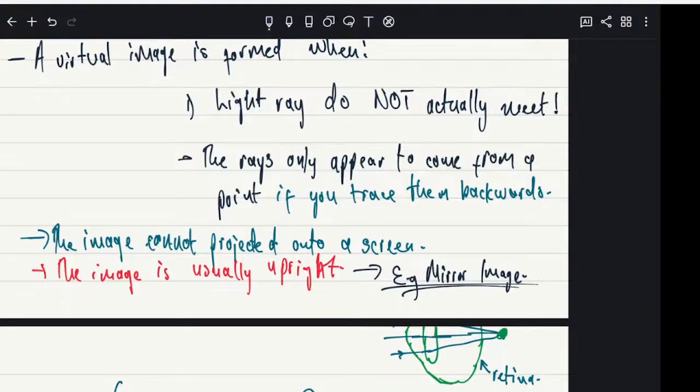There are no rays meeting, right? That's a virtual image. I'm sure a lot of you look at yourself in the mirror every morning. That's a virtual image you'll be seeing. It tricks your brain.